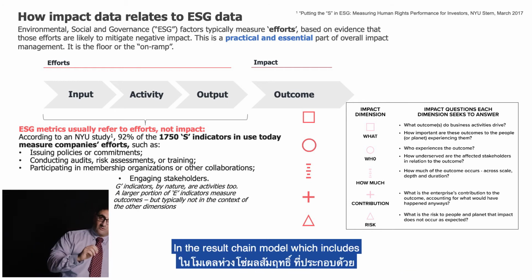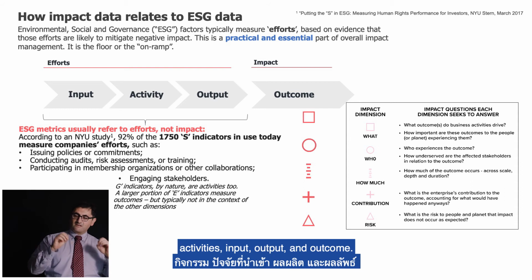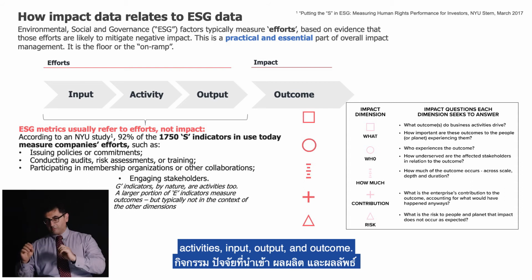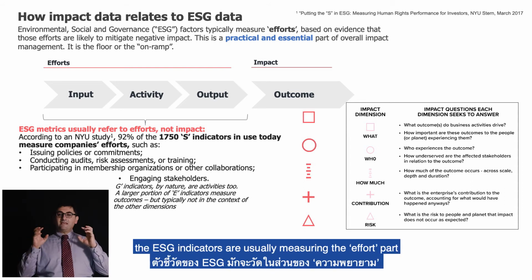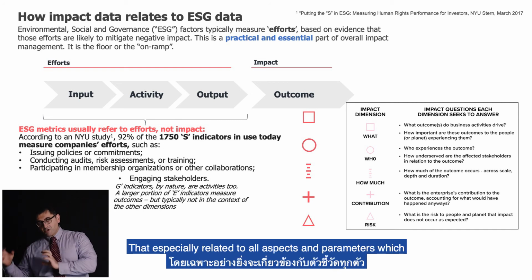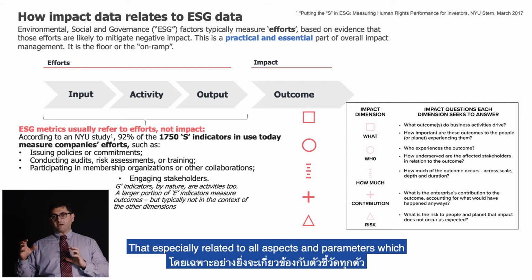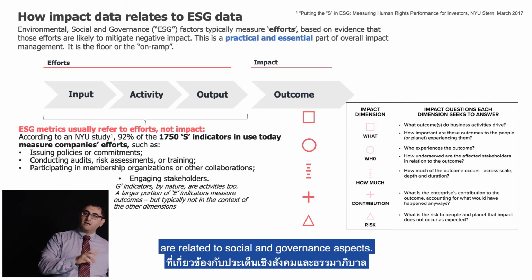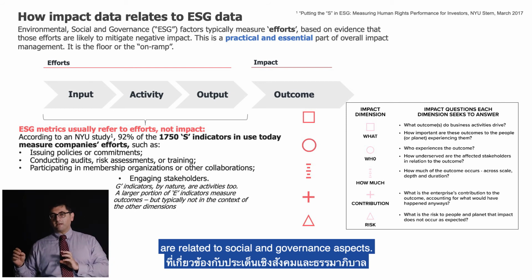In the result chain model, which includes activities, inputs, outputs, outcome, the ESG indicators are usually measuring the effort part. That especially relates to those parameters which are related to social and governance aspects.